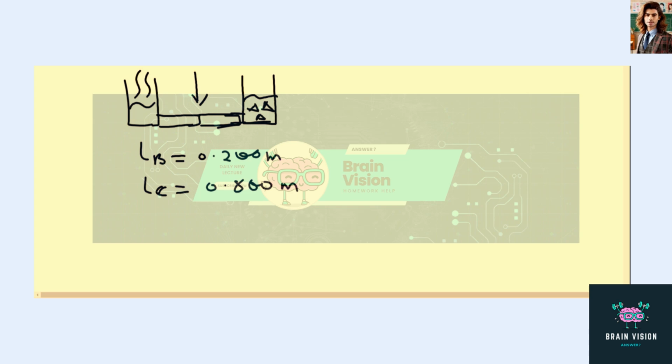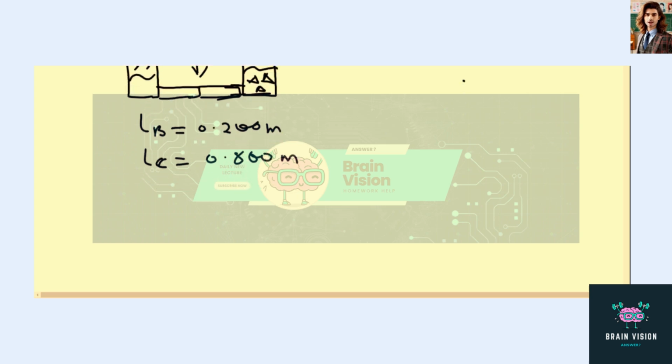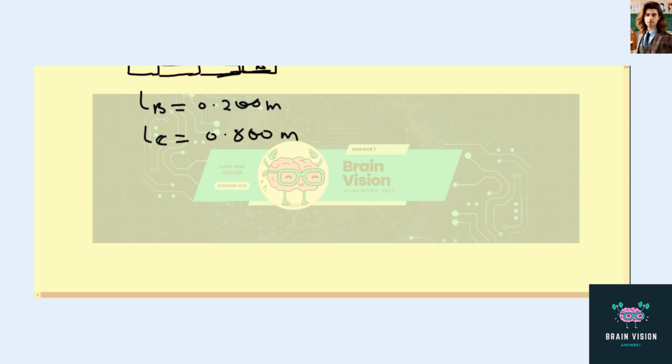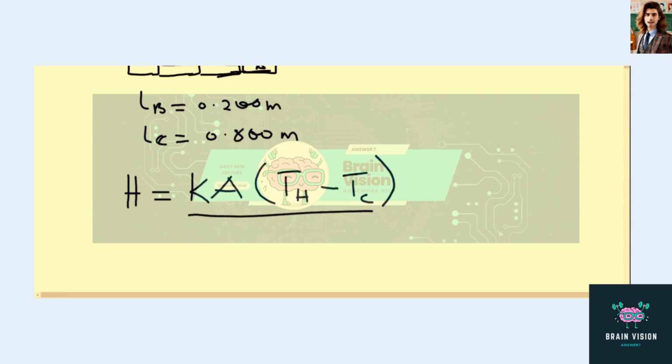Now we need to understand that heat always flows from a hotter region to a colder region. The brass rod, which is fixed in the hot water, will have heat flowing through it to the cold area where the copper is located. So in this situation, we're going to talk about heat current.